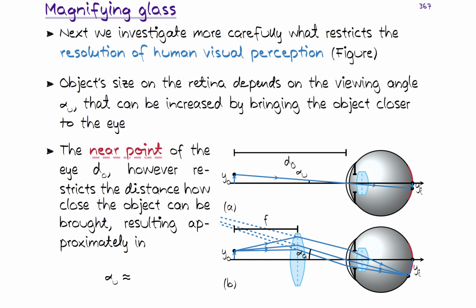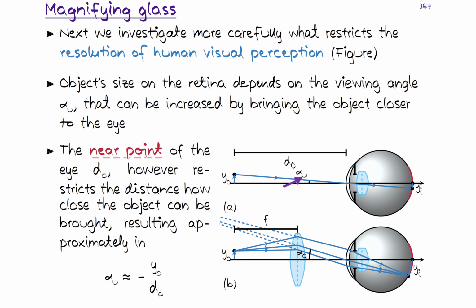And the largest viewing angle that we can get roughly will be the ratio of y0 divided by D0. So I can take the tangent of this angle here, the viewing angle, and since D0 is quite large compared to the size of my sample, because by definition I want to look with the magnifying glass at something that is small, so y0 will be small, the tangent is roughly the angle itself.